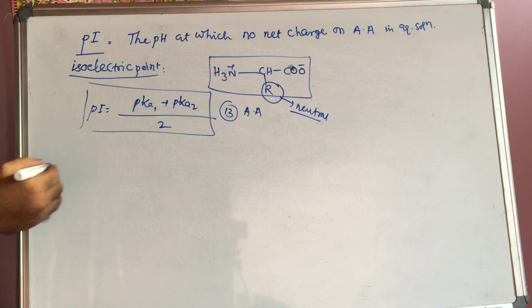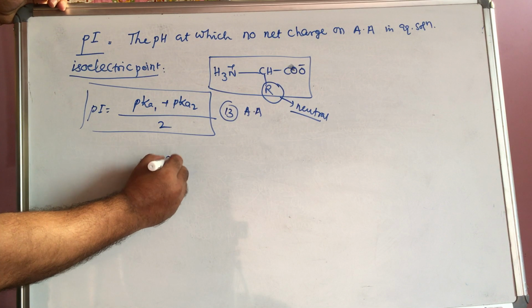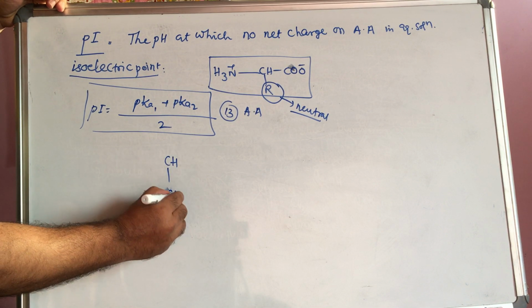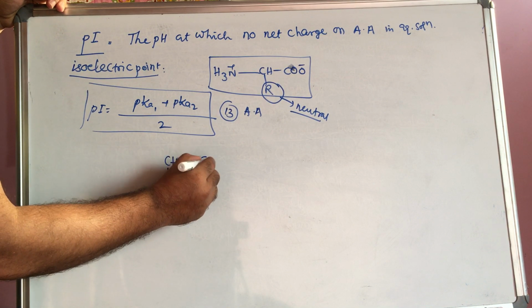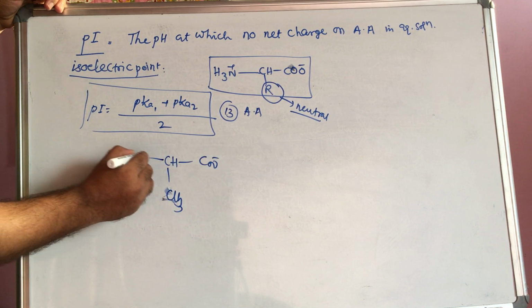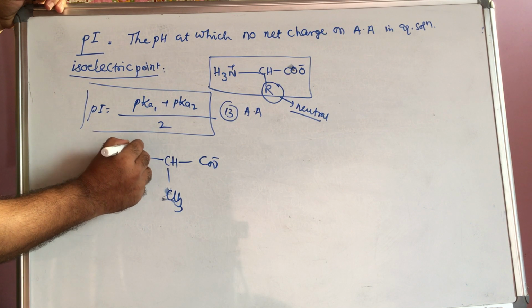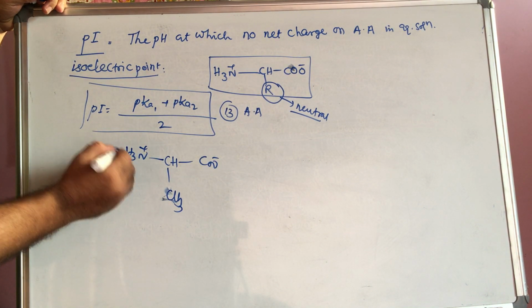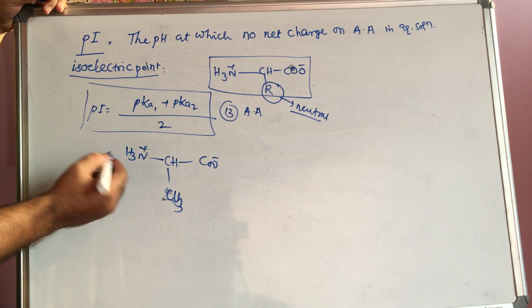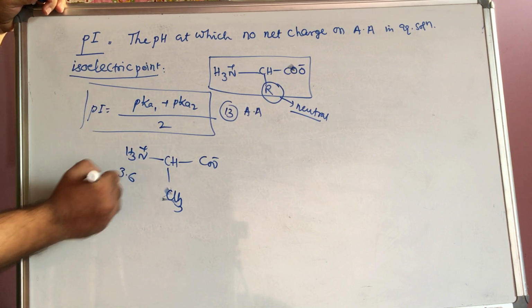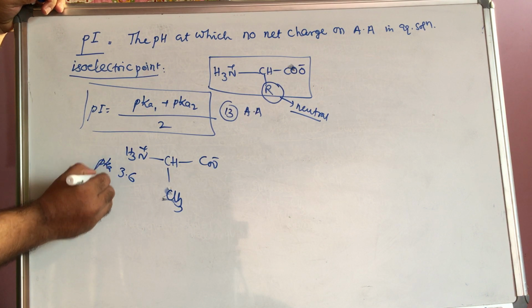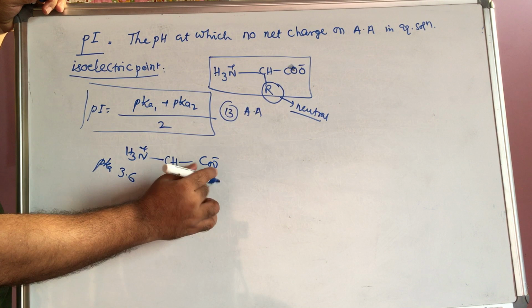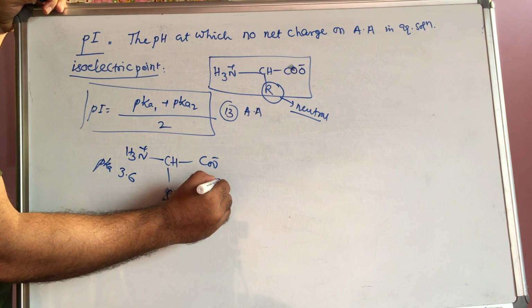How do we calculate it? For example, I will give one amino acid here: R group may be considered CH2, alanine only, and COO-, and NH3+. I am not remembering any values, I am just giving some simple numbers. For now, this pK value is 3.6, and the other value is 2.7.